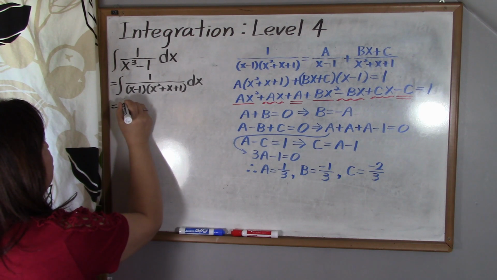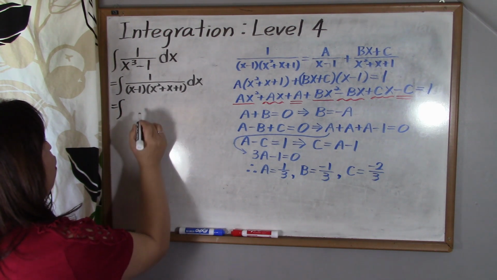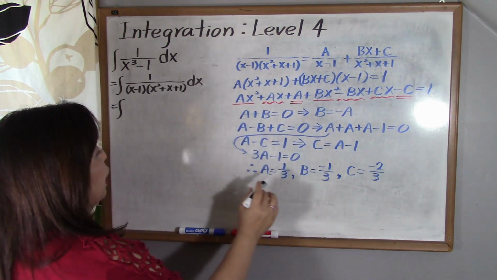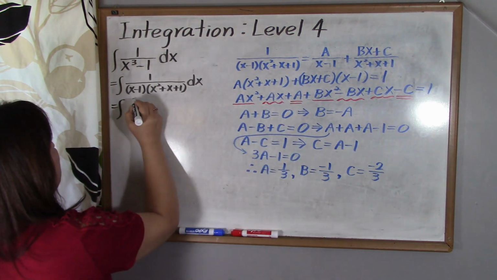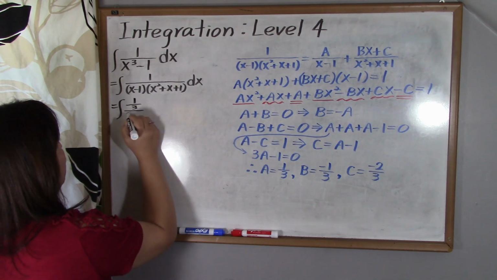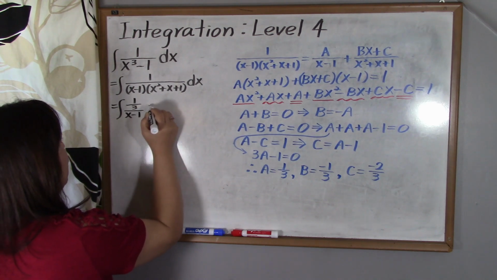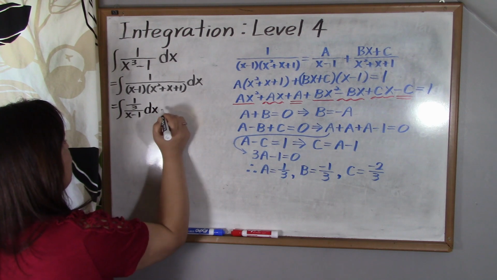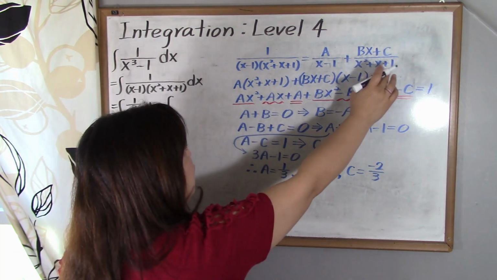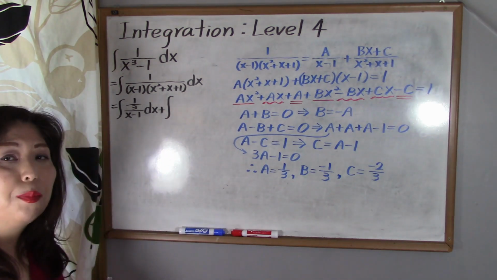So now we can change everything over here. Is equal to integral of a over x minus 1. Actually, a is 1 over 3. So integral of 1 over 3 over x minus 1 dx plus integral of bx plus c over x squared plus x plus 1.